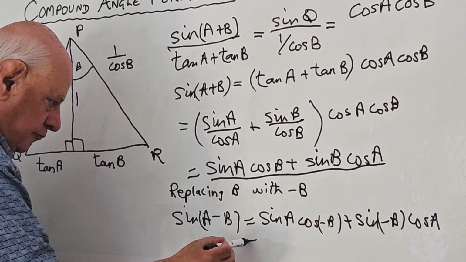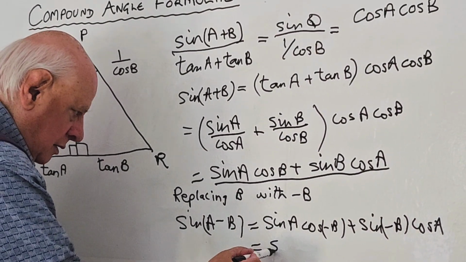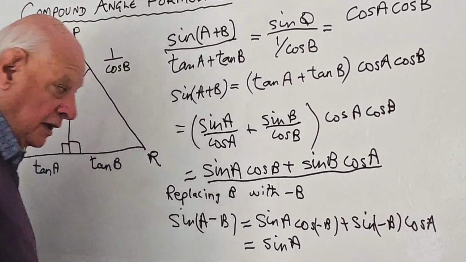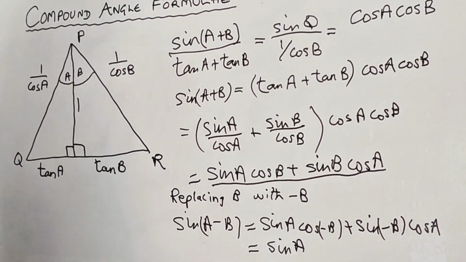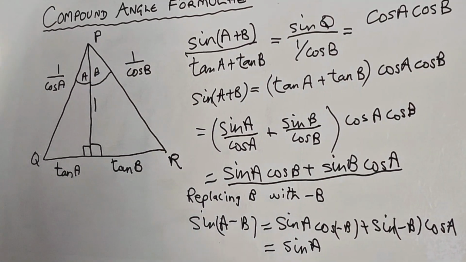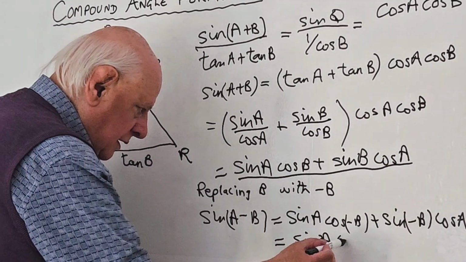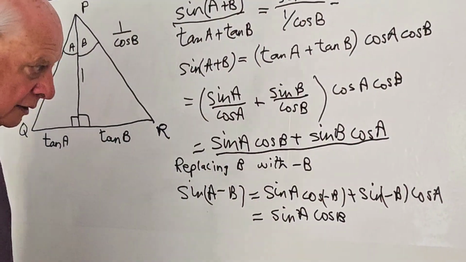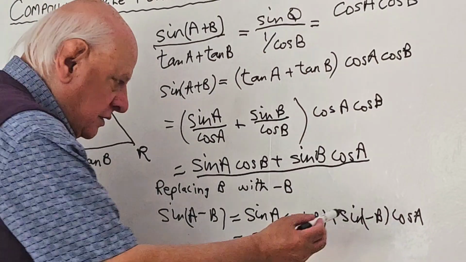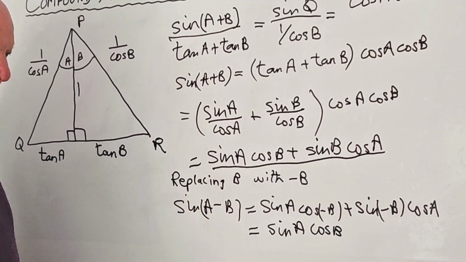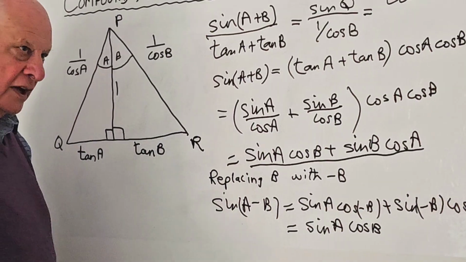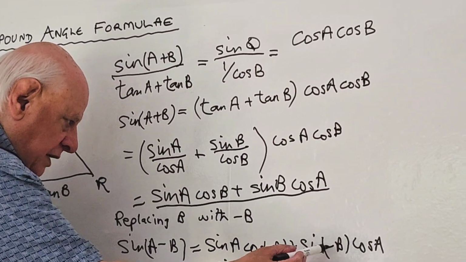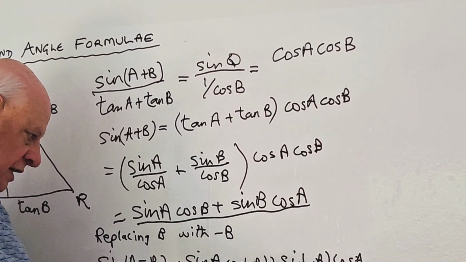And here, that's sine of A, cosine of B, and cosine of minus B and cosine of plus B are exactly the same. So I'll just write that now as cos of B. However, the sine of minus B is equal to the negative of sine plus B. So I can change that to A plus B if I change this sign to a negative.